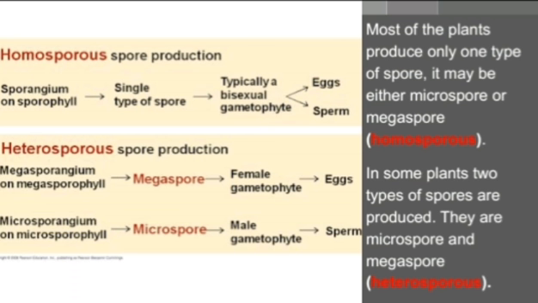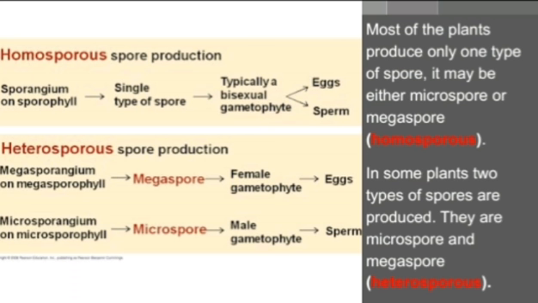Homosporous and heterosporous. Most plants produce only one type of spore, either microspore or megaspore, which is called homosporous. And in some plants, two types of spores are produced. They are microspores and megaspores, which is heterosporous. You can see in this sporangium on a sporophyll forms a single type of spore, which typically forms a bisexual gametophyte.